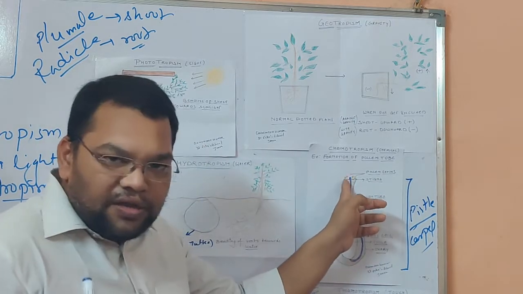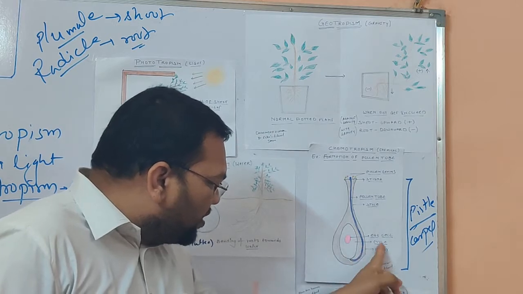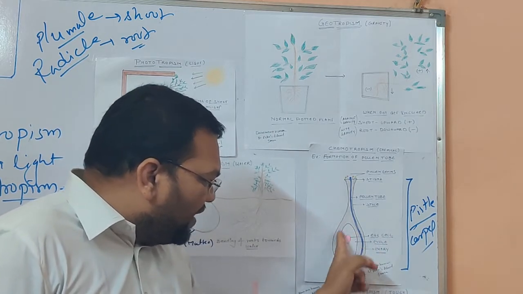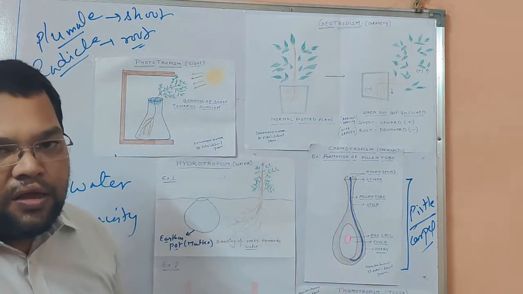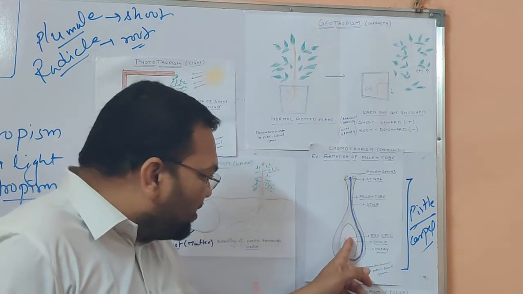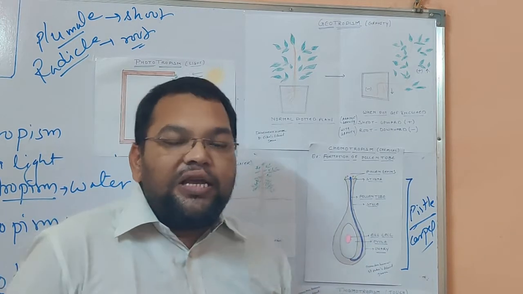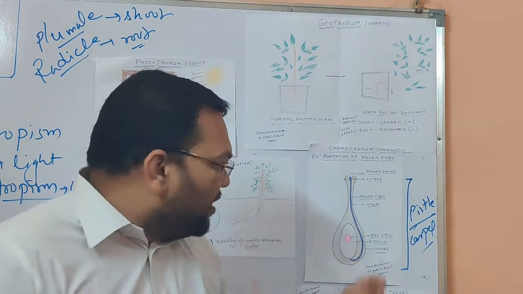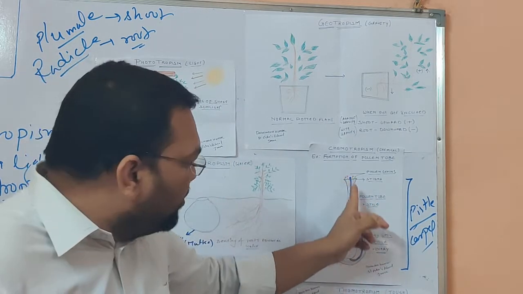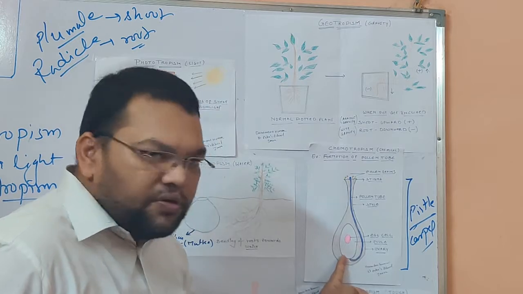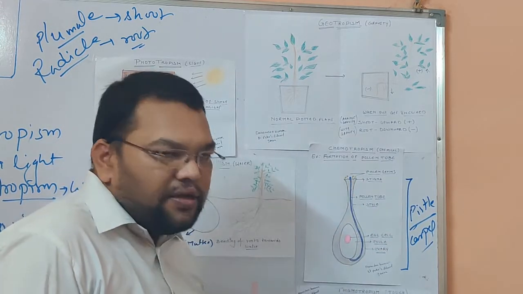Inside the pollen grains, the male gamete is present, and inside this ovule, the white part, the egg cell is there. So to fertilize this egg cell, there is a need for male gametes, which are released by this pollen grain. And so there is a need for a tube, known as the pollen tube, so that these gametes may enter the egg cell.